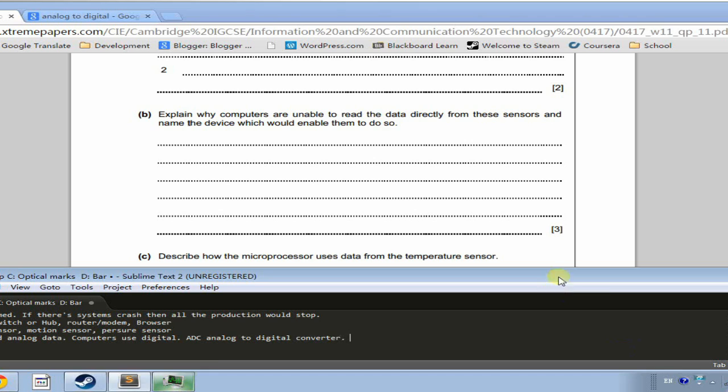You'd probably get away with writing ADC, but it does help to write out the full wording just in case. Okay, so sensors read analog data, computers use digital. We need an ADC to convert the signal from one to the other.